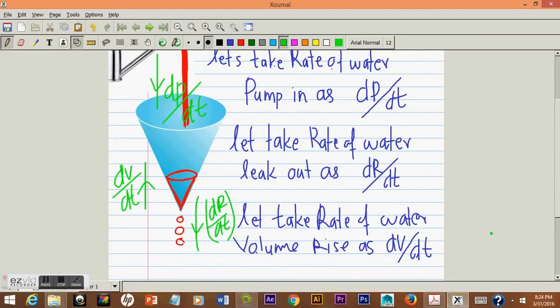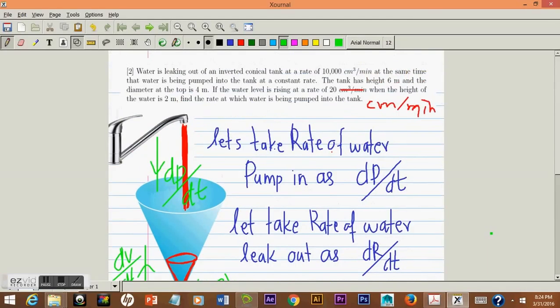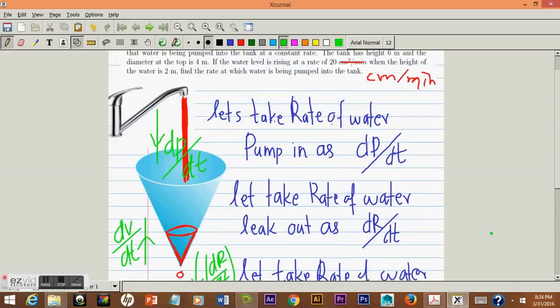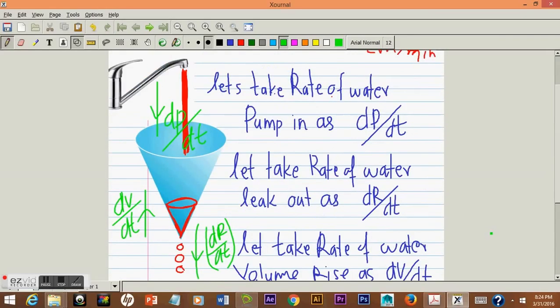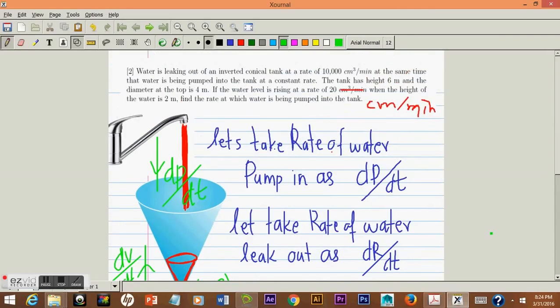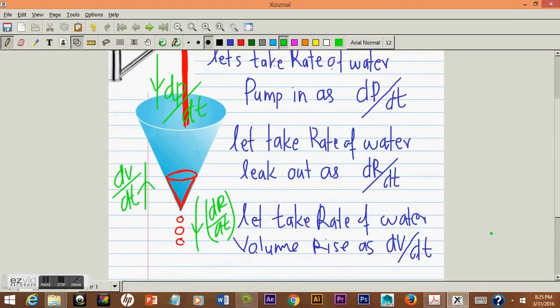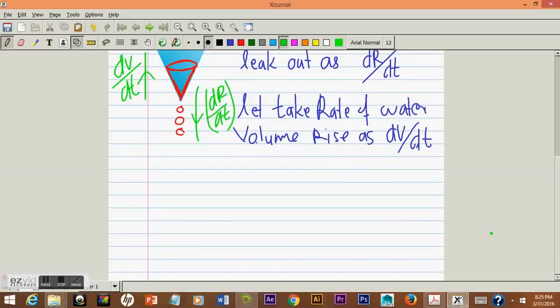So we will read the question again. Here we have marked all the values given, and we will put up a note. The height of the cone is given as 6 meters. We have to mark it up.